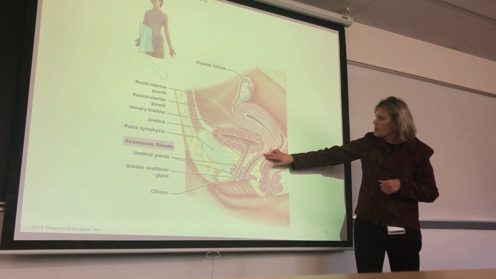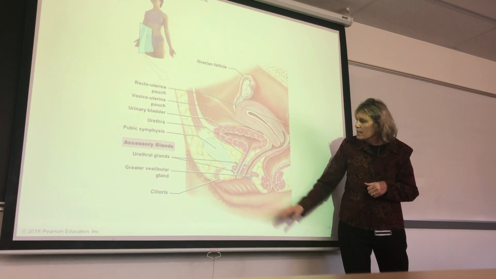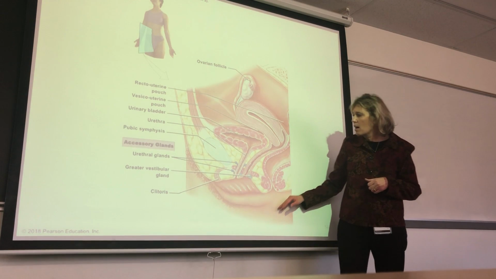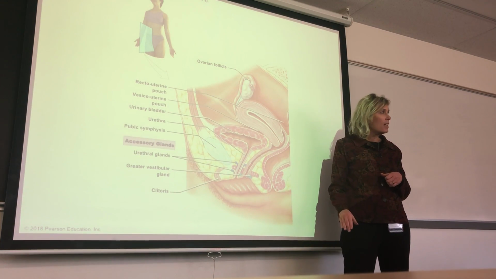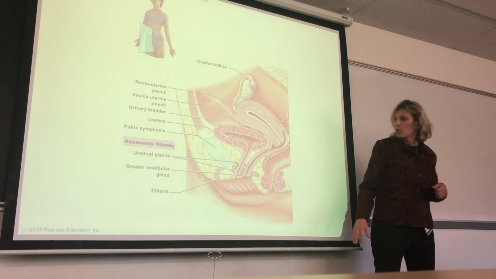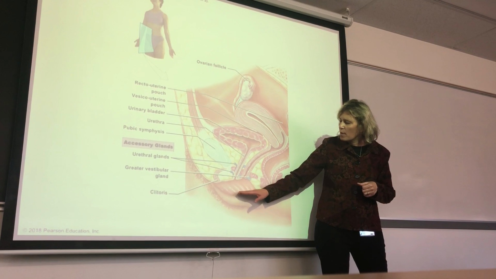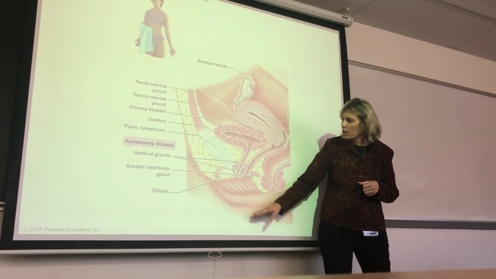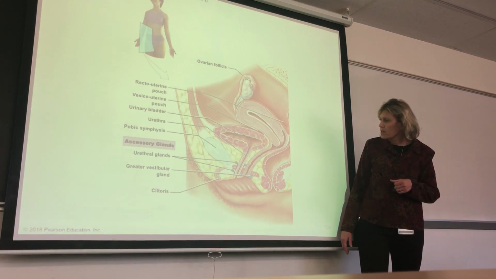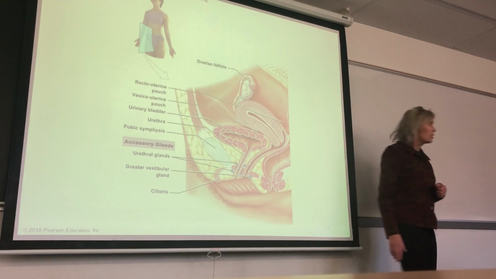The cervix opens up into the vaginal canal, and the vaginal canal opens up into the external genitalia that we call the vulva. Inside the vulva, we see different structures, including the labia minora, labia majora, as well as the clitoris, and the openings into the urethra and the vaginal canal.